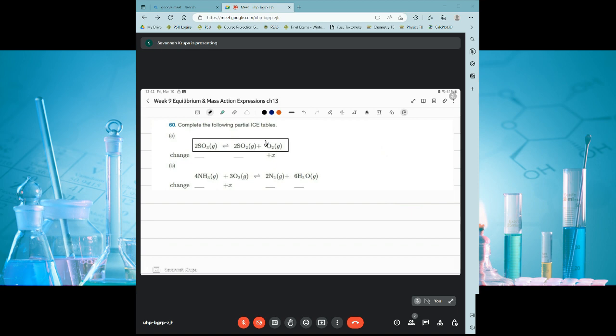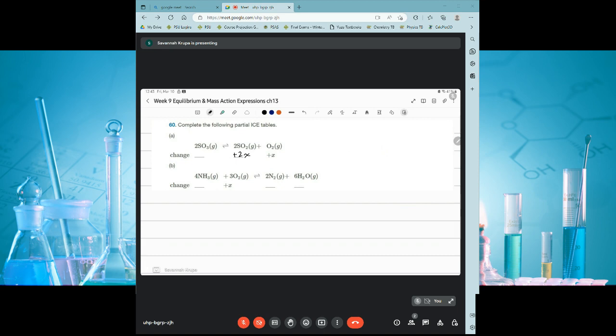And so because we're gaining O2, we also gain plus 2x for the SO2, because there's 2 moles of it. So we gain 2 moles of it each time, because if we're proceeding to the right, we're going to gain products. So we're gaining the products of the O2 and the SO2, and so the coefficients change to how many moles we are given of the specific molecules.